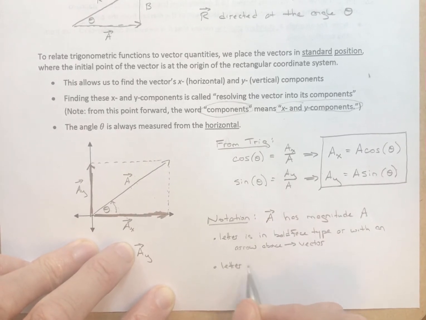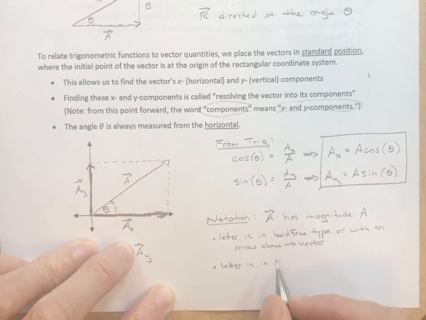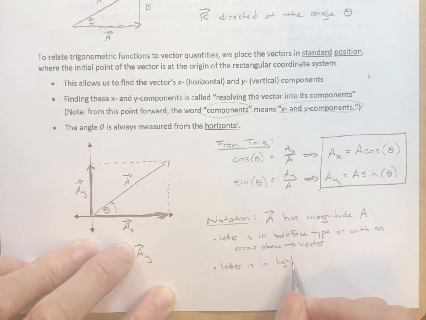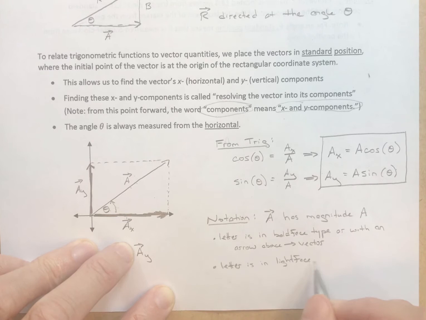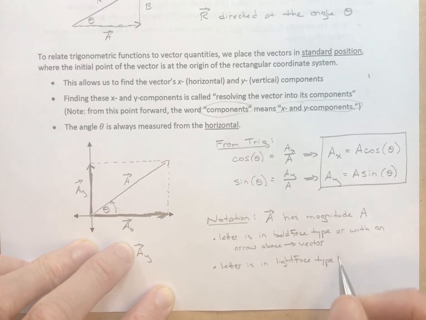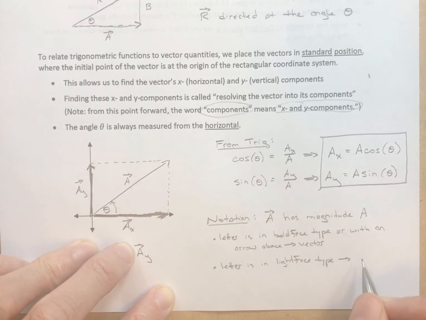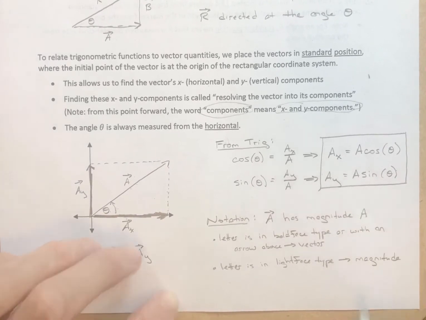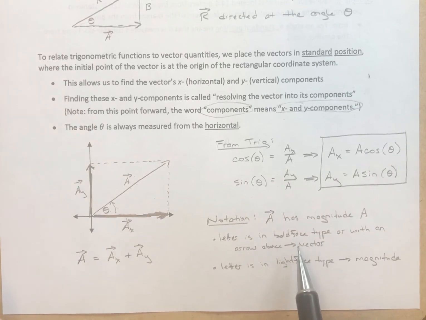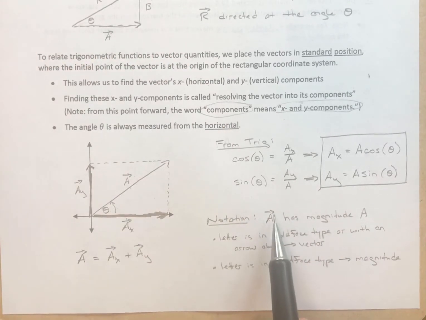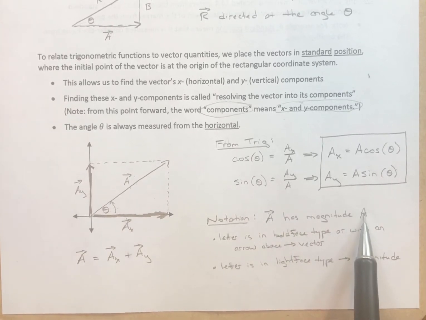If the letter is in lightface type, non-boldface type, this tells us that we're dealing with its magnitude. So we're going to want to know that notation and work with that. The vector is indicated with an arrow above it, or in boldface. If there's no arrow or it's not in boldface, we are dealing with its length, its magnitude.